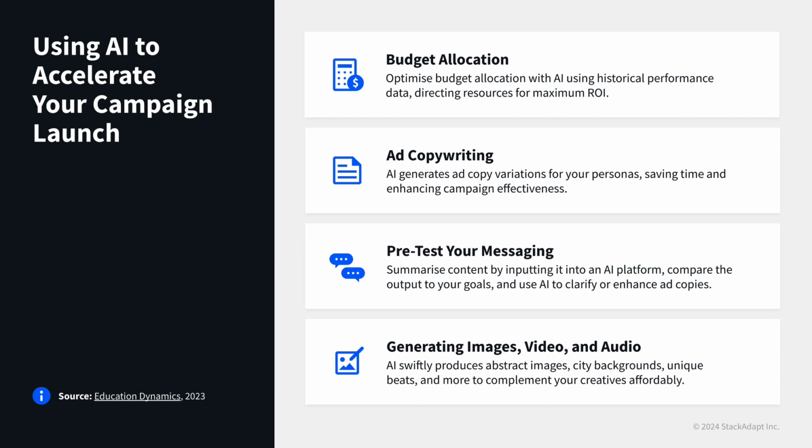We can pre-test the messaging, so we can basically compare the output with the campaign goal and then clarify or enhance the copies. Or through generating images and bits of video for social media in a more cost-efficient way.